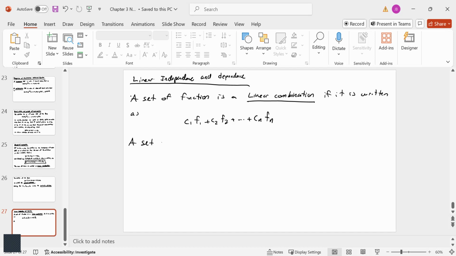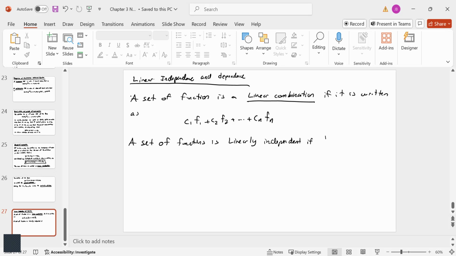A set of functions is linearly independent. Some people define dependent first and then independent. Some do it the other way. I like to do independent first.